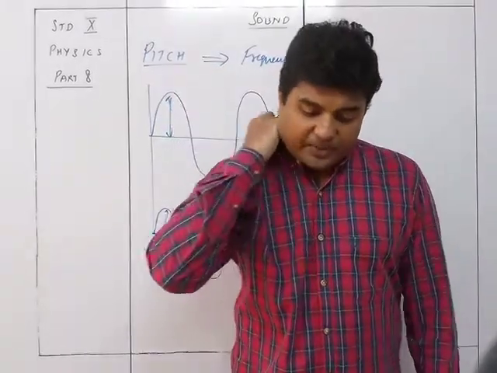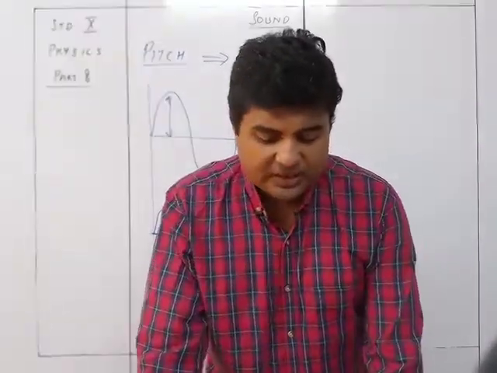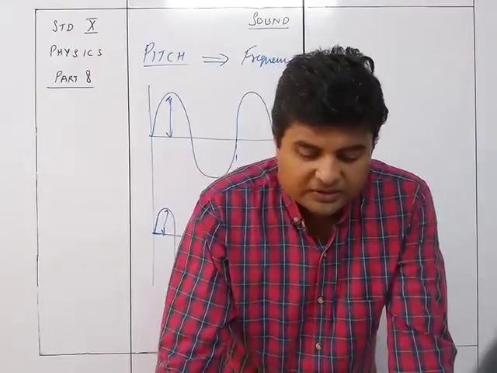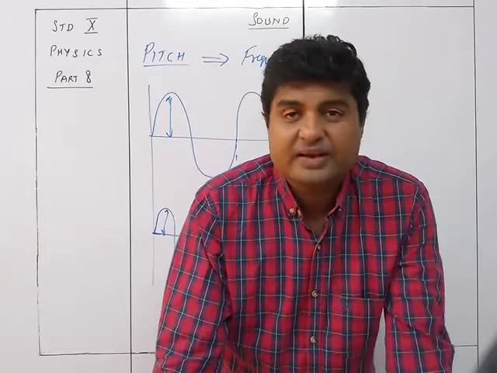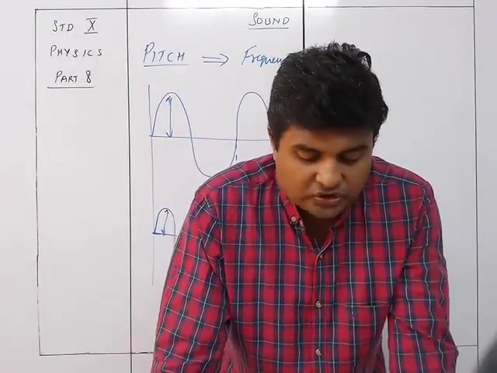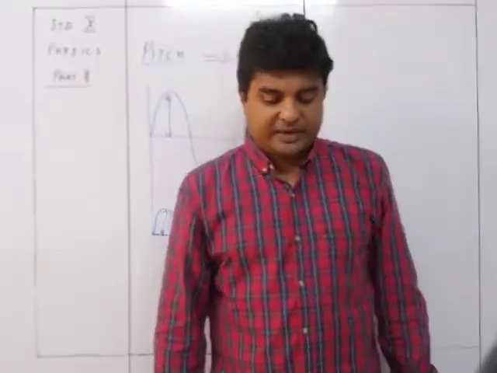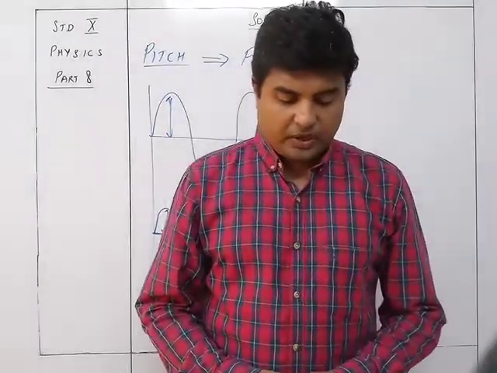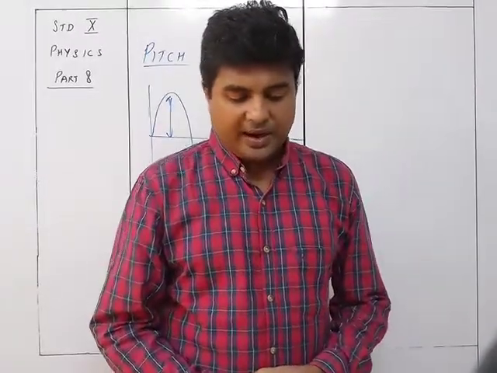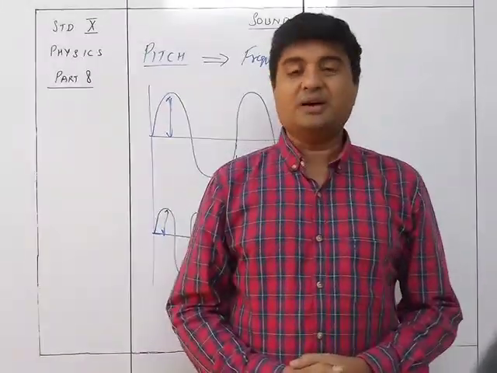Example of change in pitch in string instruments such as piano, violin and guitar. The frequency of vibration of a string depends on the tension and thickness of the string. They can produce notes of different pitch by changing the thickness and tension of the string. A note of high pitch can be obtained by vibrating the string under high tension or by vibrating a thinner string.